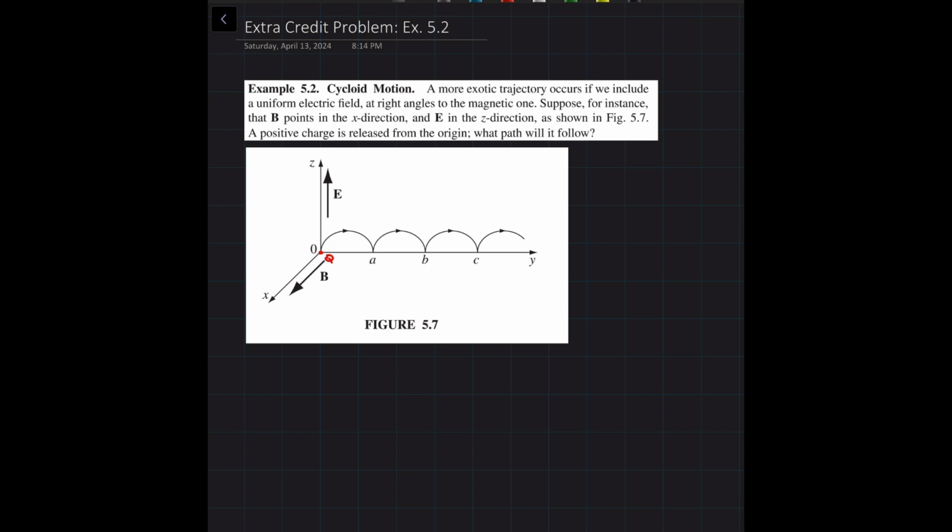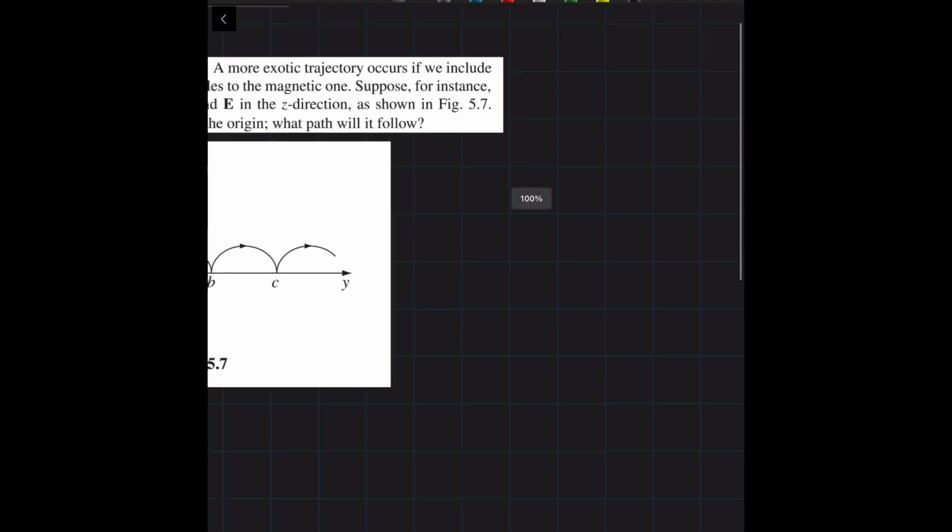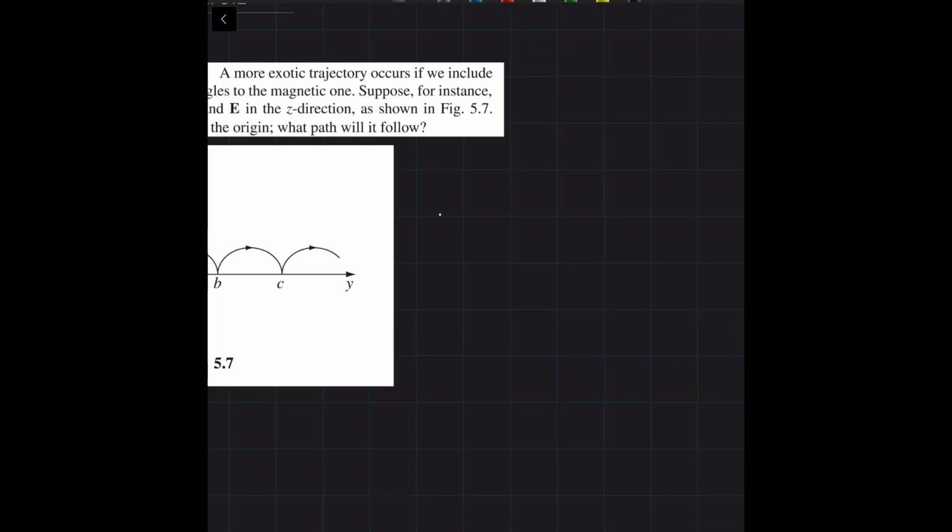So figure 5.7 pretty clearly depicts the path that this charge is going to follow, but let's talk about why. First, to review, the Lorentz force is given by Q times the electric field plus the cross product of the velocity and the magnetic field.